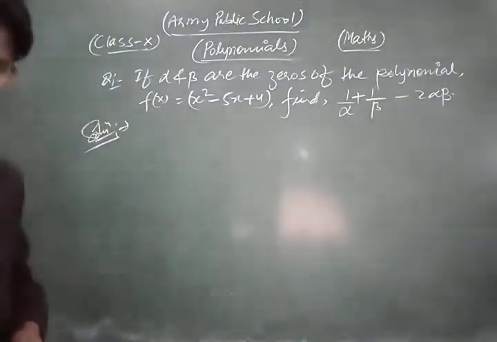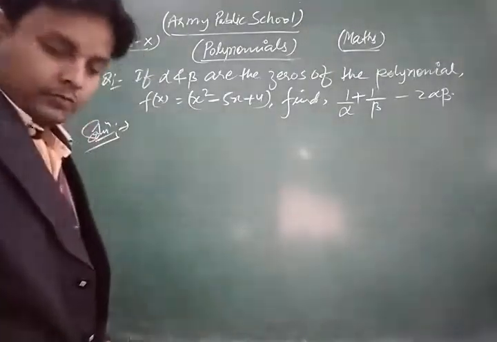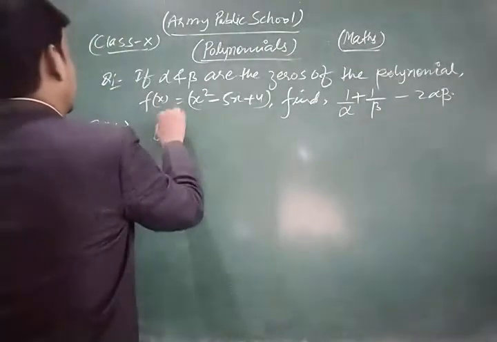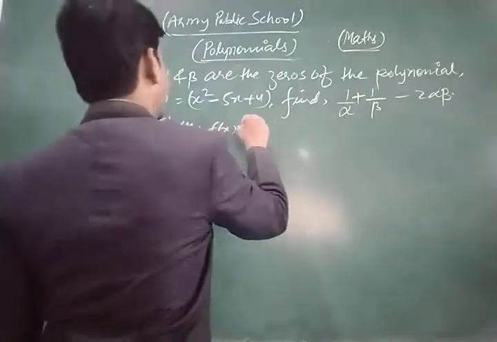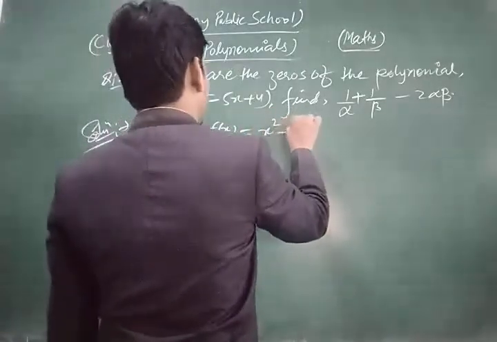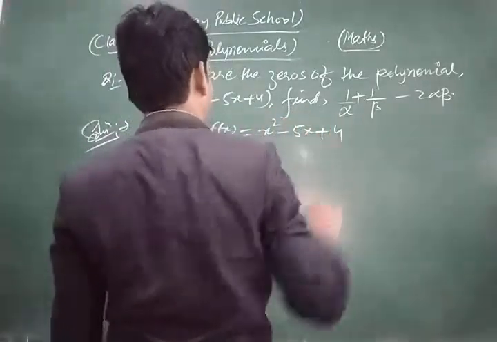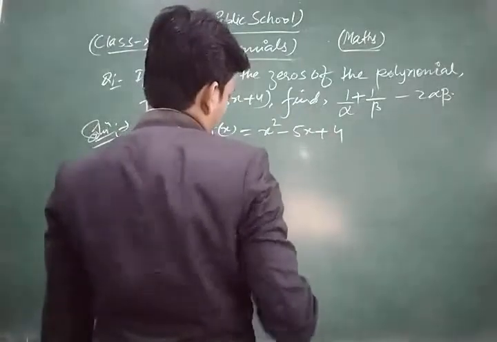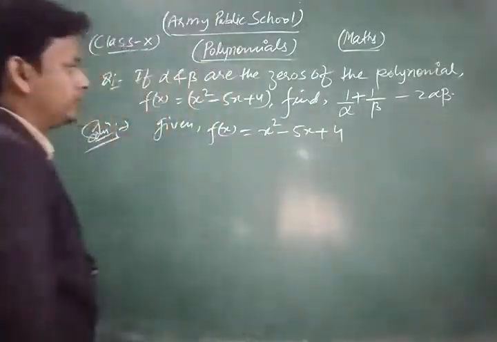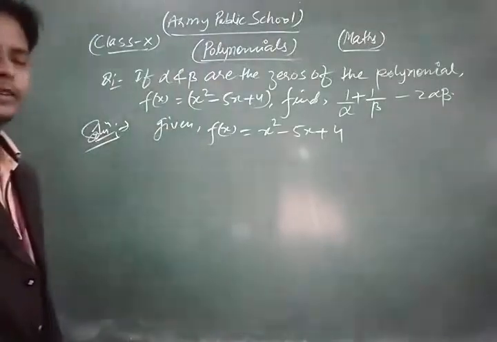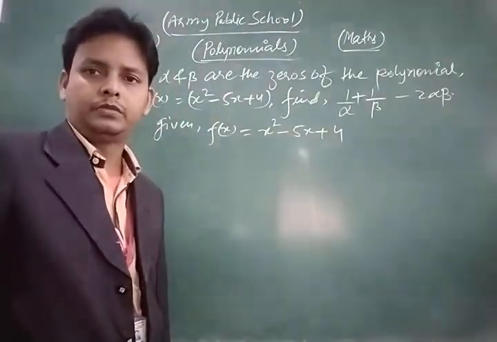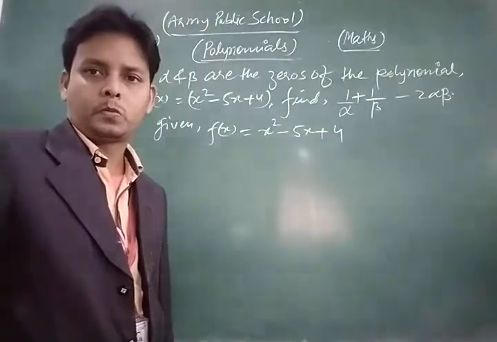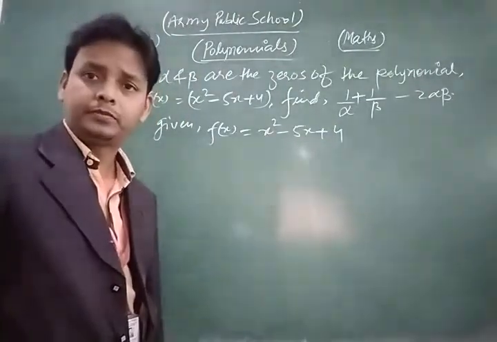Look. So given polynomial f(x) is equal to x square minus 5x plus 4. Its zeros are alpha and beta.